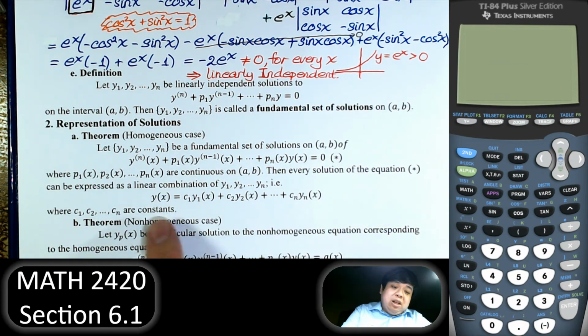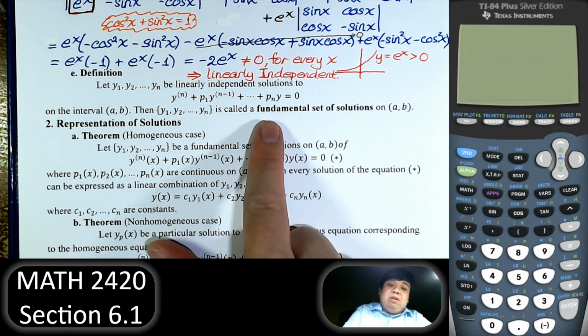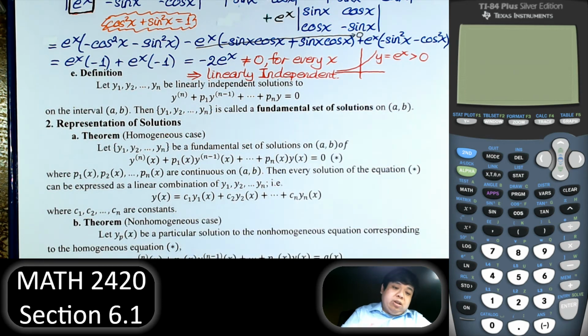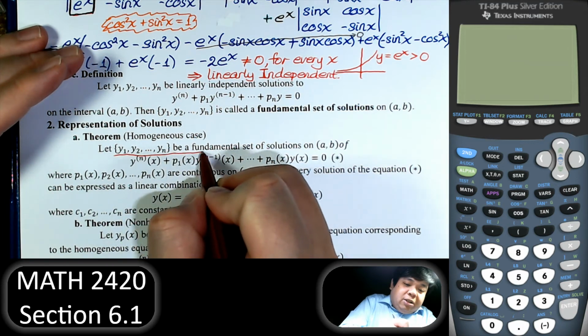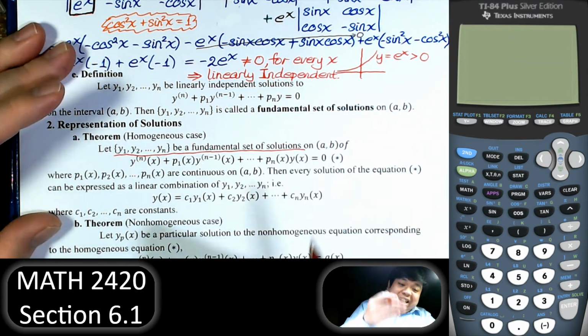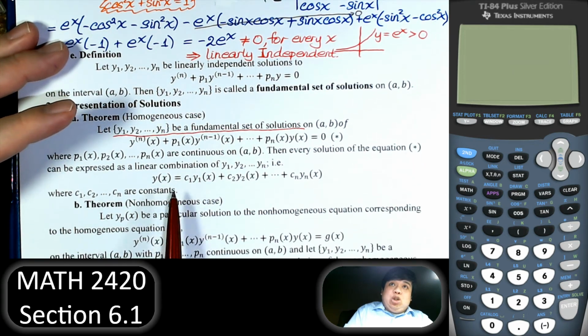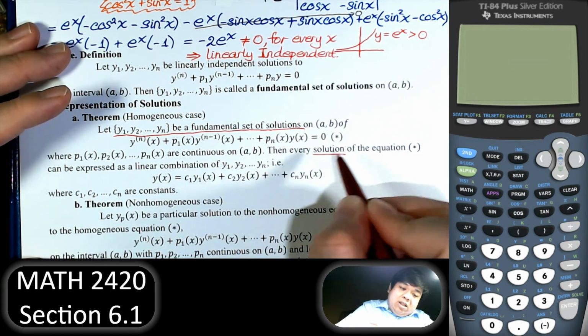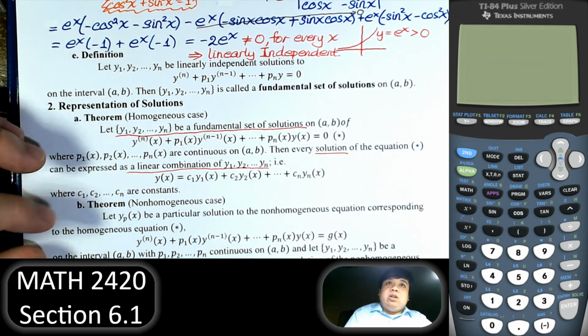If all of them are linearly independent functions, we call that the fundamental set of solutions, and then we can write the solution as the linear combination of all of those functions.